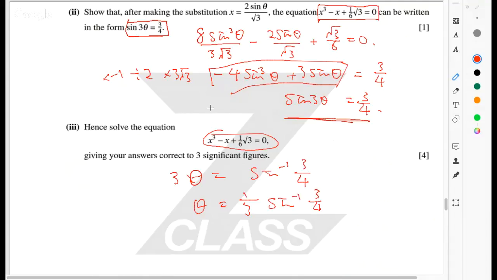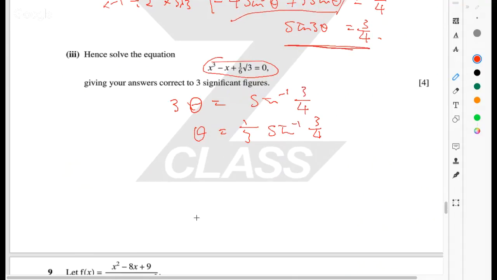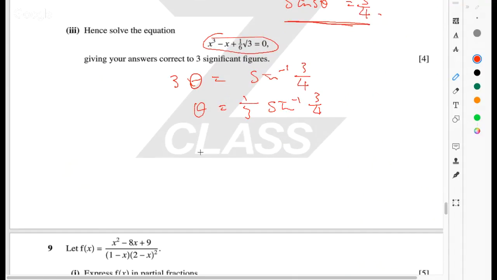And then we plug sine theta into the original expression. And we should then get 3 answers out of that. In terms of x, there will be 0.322, 0.799, and minus 1.12.